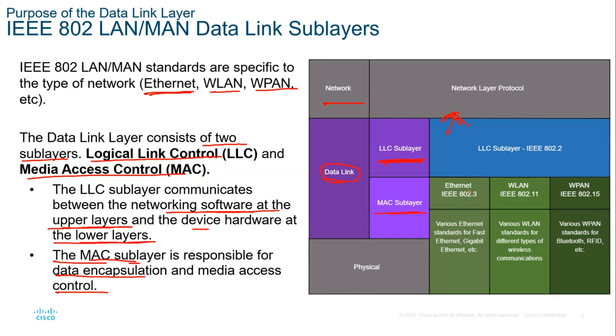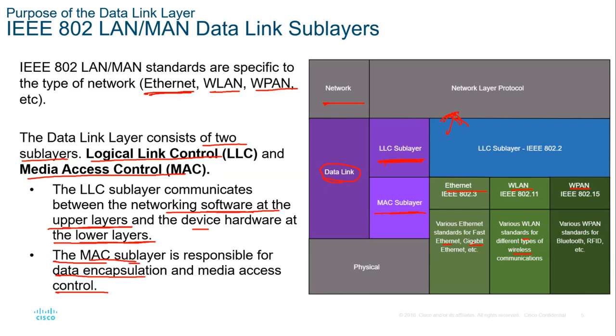It can determine whether it is wired, wireless, or PAN, with various Ethernet standards such as fast Ethernet and gigabit Ethernet, and various wireless standards for different types of wireless.